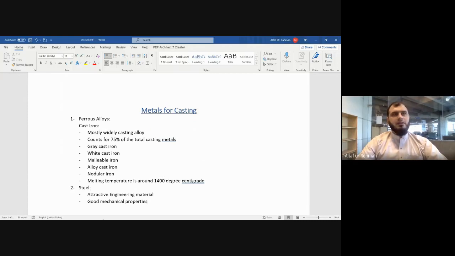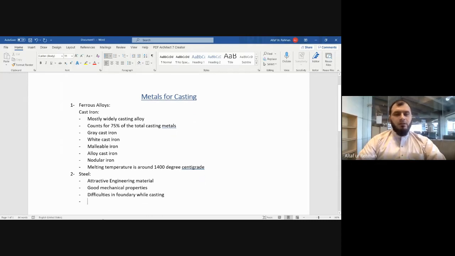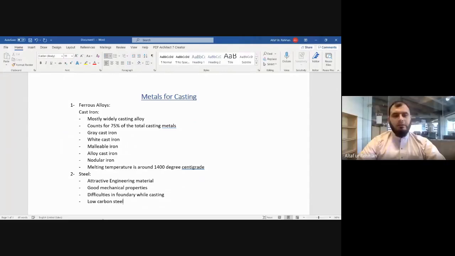But it has some difficulty in the foundry because we are dealing with much higher temperatures, and there are issues of oxidization. So, for example, it has difficulties in foundry while casting steel.